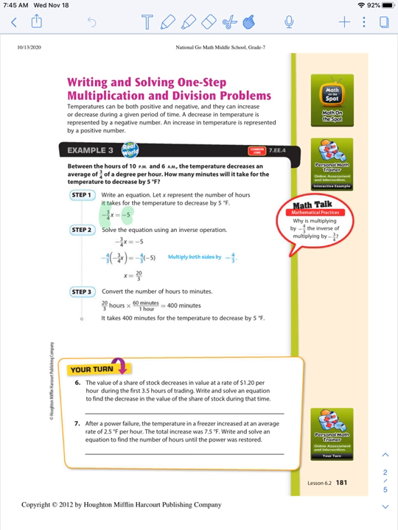So we're going to set up a multiplication sentence. -3/4 times x equals -5. To solve for x, to get x by itself, we need to divide by -3/4. Remember, when we divide by a fraction, it's the same thing as multiplying by the reciprocal.